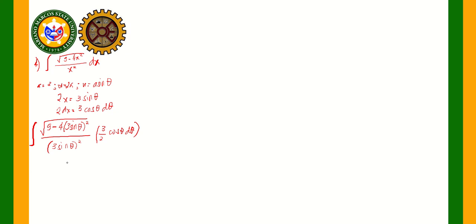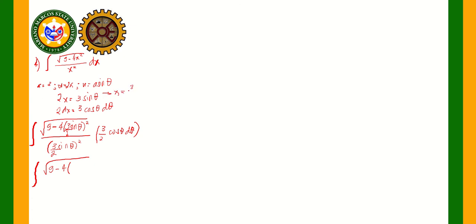Okay, so let's simplify. This will be the square root of 9 minus 4 times, this should be 3 over 2 because it's just x, okay? So this is 3 over 2 as well as this one.